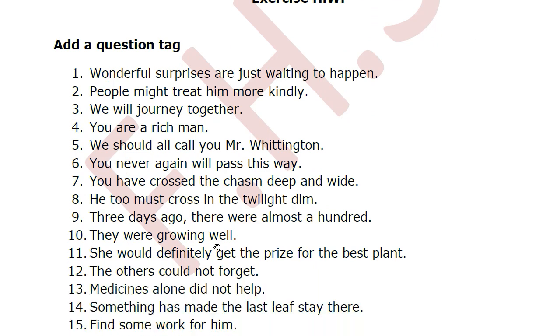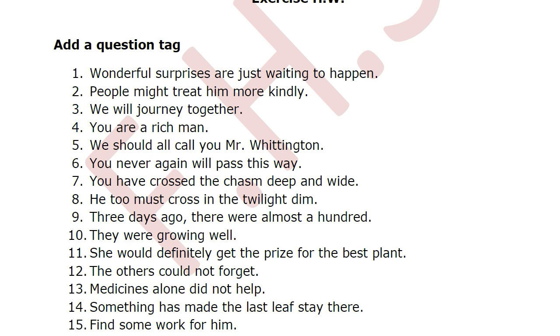Okay. So now I'm reading the exercise. You have to look out if there is a modal auxiliary or not. That will make it easier for you. First, wonderful surprises are just waiting to happen. Second, people might treat him more kindly. Third, we will journey together. Fourth, you are a rich man. Fifth, we should all call you Mr. Whittington. Sixth, you never again will pass this way.